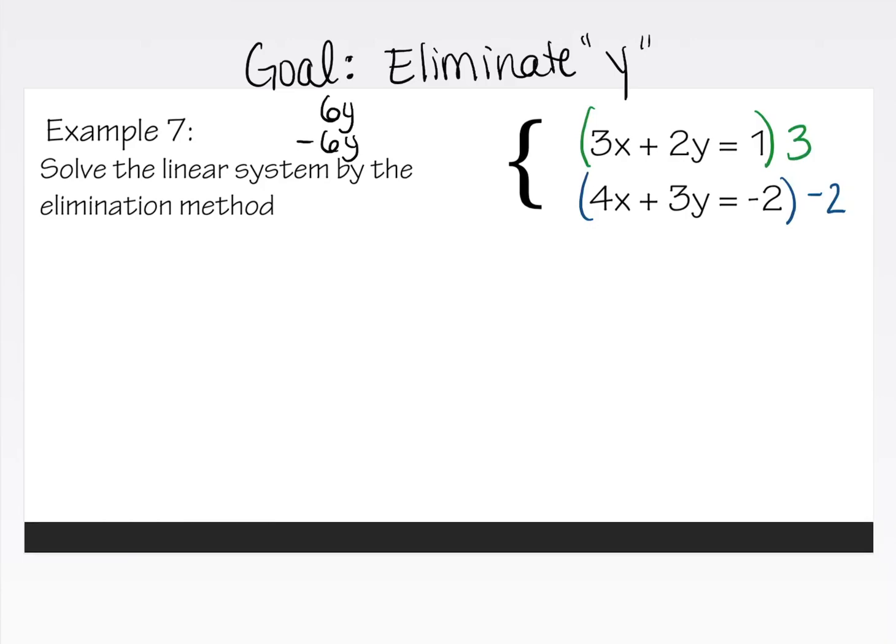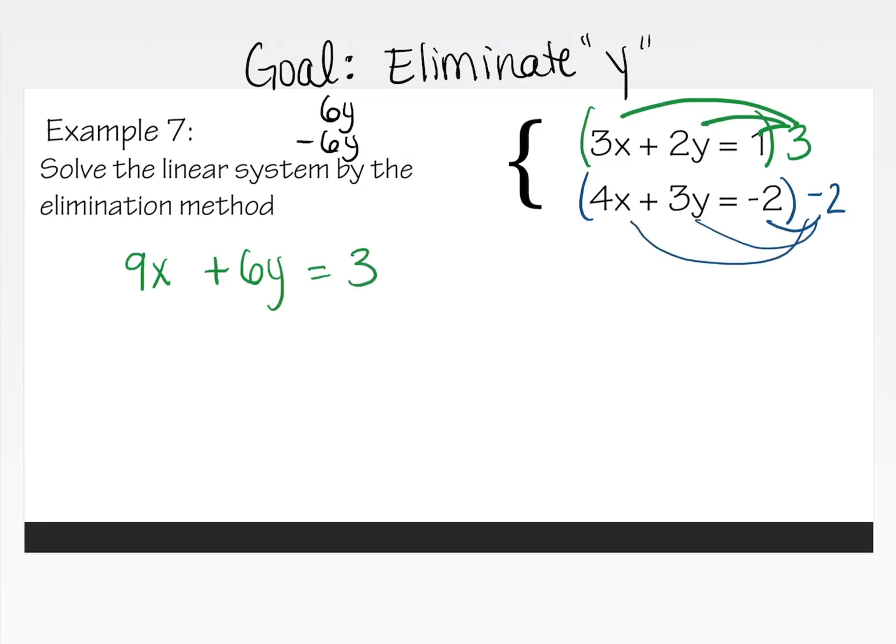Now let me distribute and rewrite my equation over here on the left-hand side. 3 times 3x gives me 9x. 3 times 2y gives me positive 6y. 3 times 1 gives me positive 3. For the negative 2, I'm going to multiply negative 2 times 4x gives me negative 8x.